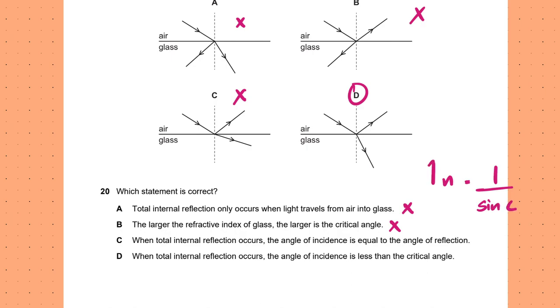If n goes up, then sine c and hence c would go down. So there's sort of like an inverse relationship. When total internal reflection occurs, the angle of incidence is equal to the angle of reflection. This is true, because at the end of the day it is still reflection. And this is wrong: when total internal reflection occurs, the angle of incidence has to be more than the critical angle. This is also what you've written in your structured questions.